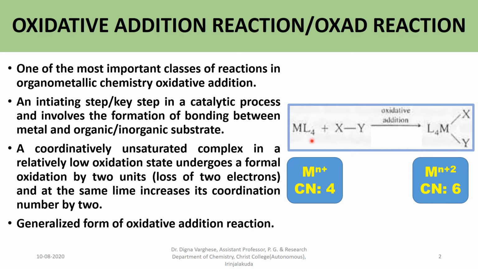After the oxidative addition reaction, the metal increases its oxidation number by 2 and the coordination number is also increased by 2, from 4 to 6, and N plus 2. This is generally known as an oxidative addition reaction, which is an important step in homogeneous catalytic processes.